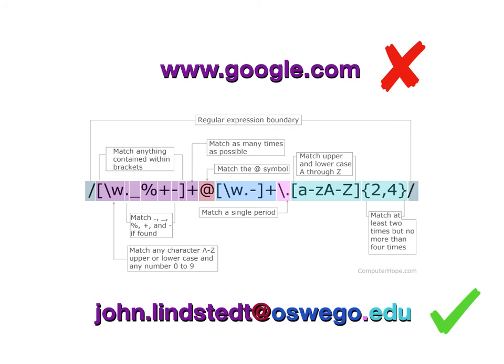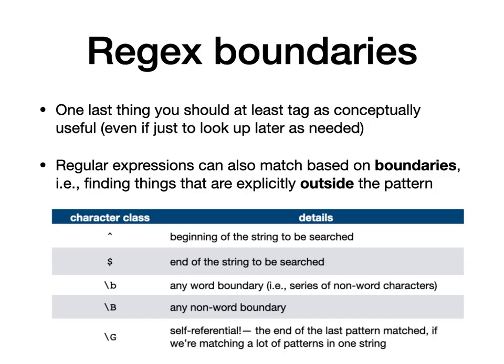Okay, let's get through this. I would normally chop this up, but I think we can just nail it out. One last thing that you might want to know that is available in the toolkit, you can look it up later as it becomes relevant: you can also match based on the boundaries of things, things that are explicitly outside the pattern. We've seen the beginning of the string and the end of the string, those boundaries.